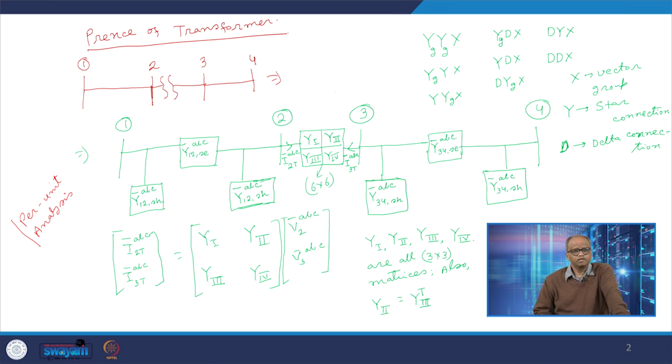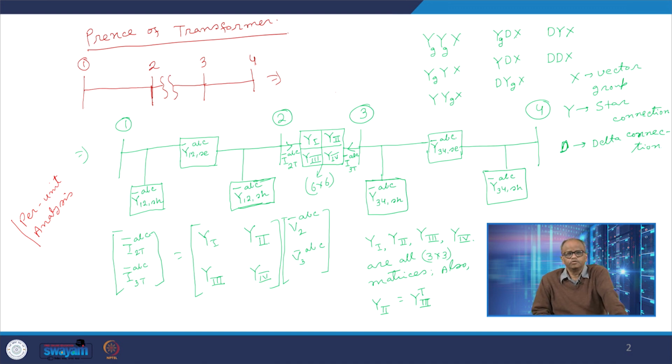And we said that the line between bus 1 and 2 can be modeled by an equivalent 3-phase pi model having a series admittance Y12 series ABC, and then two shunt charging susceptance matrices Y12 shunt ABC at both the sides of the line.